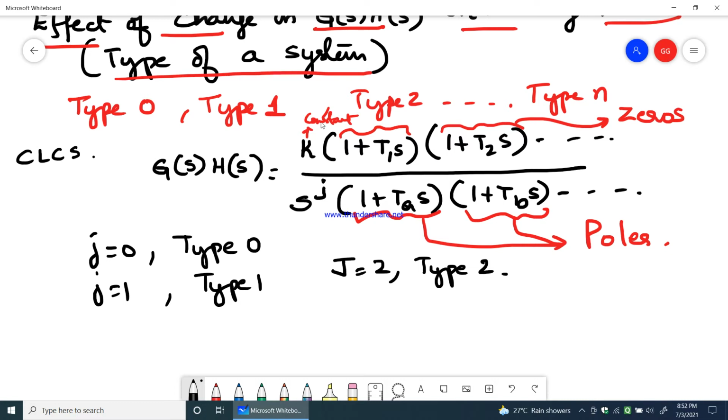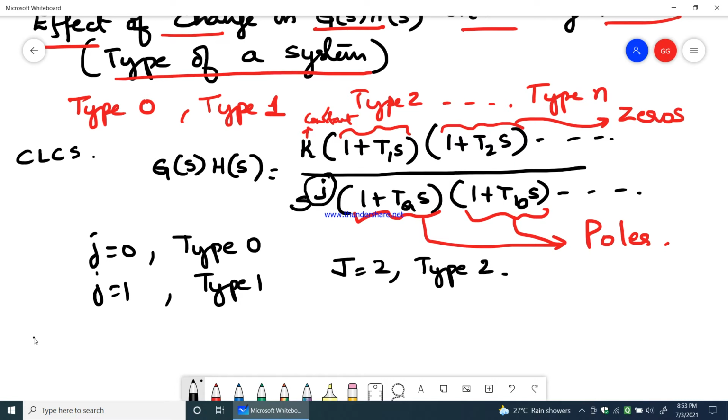Later we'll see how to write the expressions when we discuss Routh-Hurwitz criteria and root locus. But here the power j is very important. When it is s power 0, it is type 0; s power 1, type 1; s square, j equals 2, it is type 2, and so on.